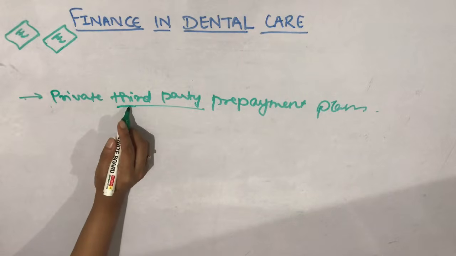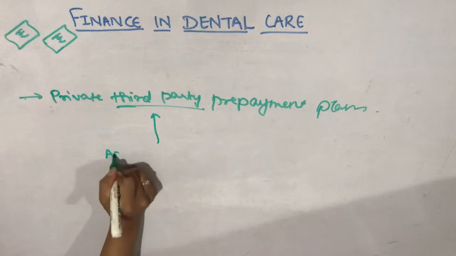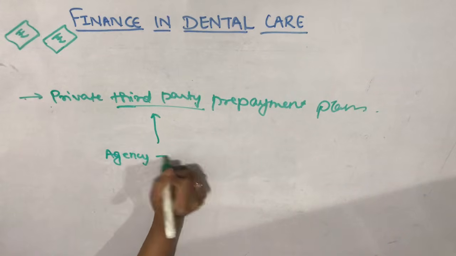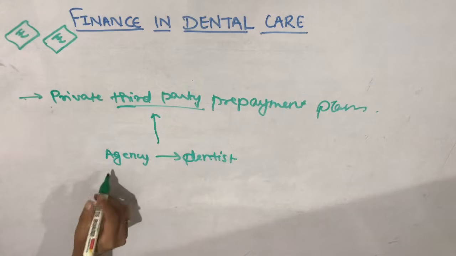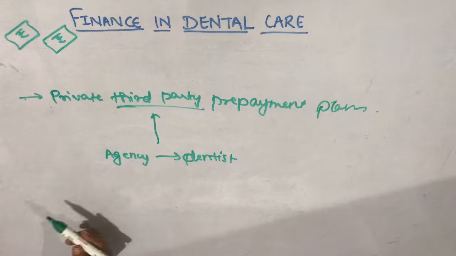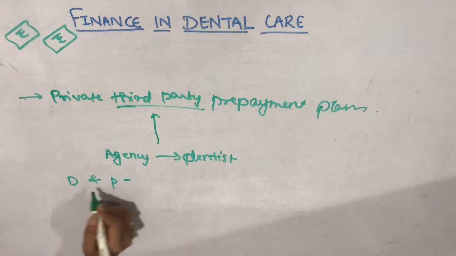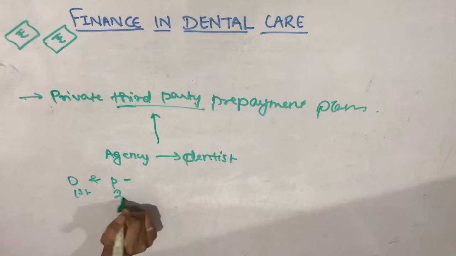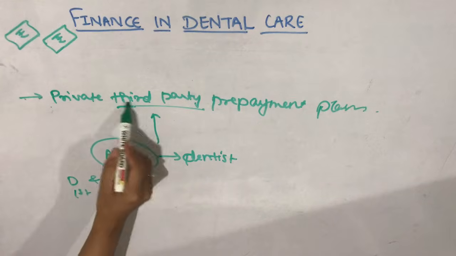In a third party payment plan, the agency pays the dentist, and not the patient. So this is nothing but a private third party prepayment plan. The dentist and the patient are the first and second parties, and this agency becomes the third party.